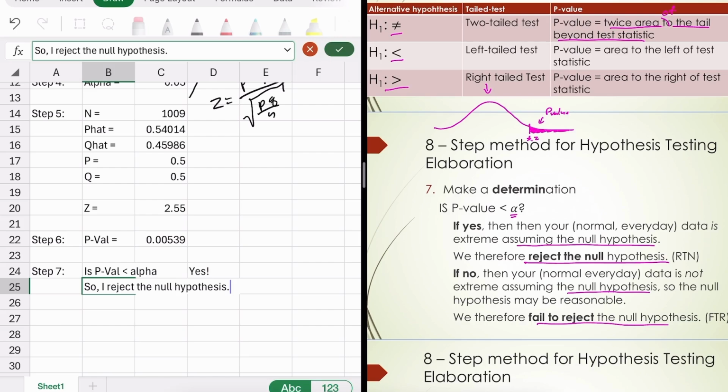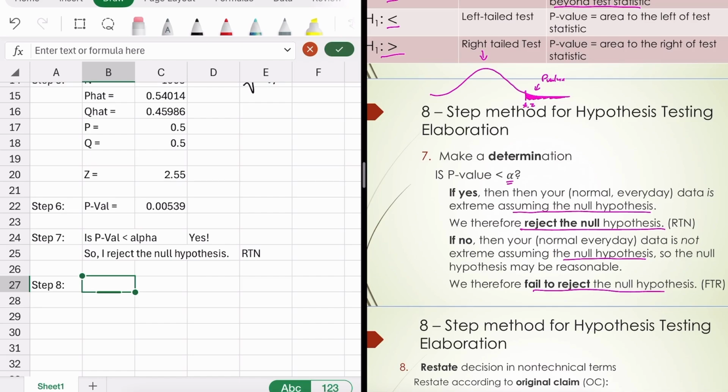And so why don't I go ahead and write that? Reject the null. Step 8 now is to rephrase your conclusion with regard to the original claim. The original claim was that the majority of people were comfortable or were not comfortable with drone deliveries.